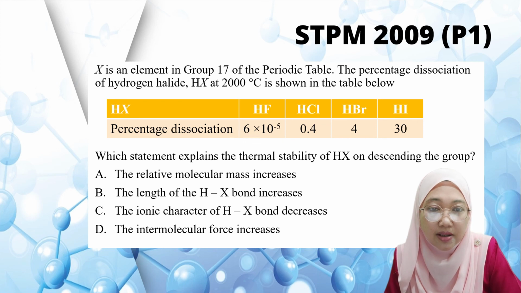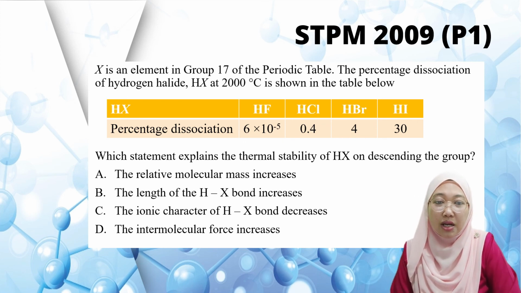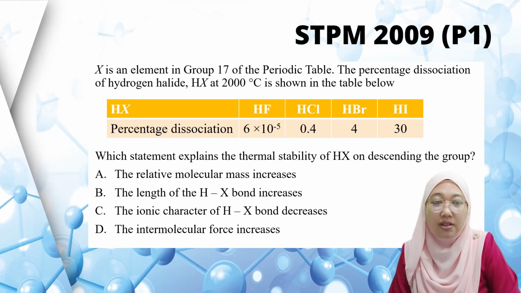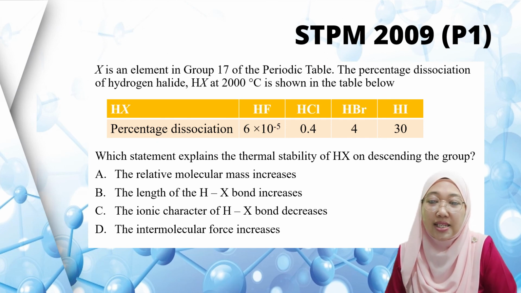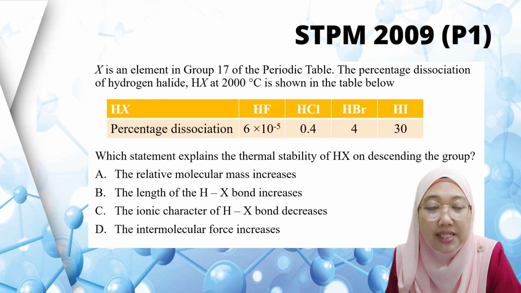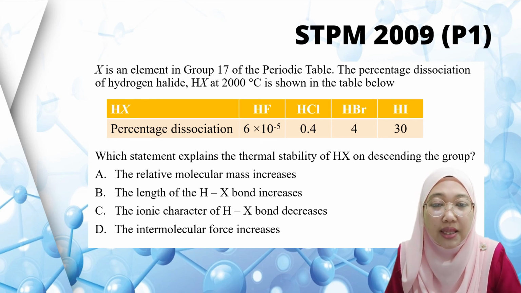Okay, so we have a question. STPM 2009. X is an element in group 17 of the periodic table.